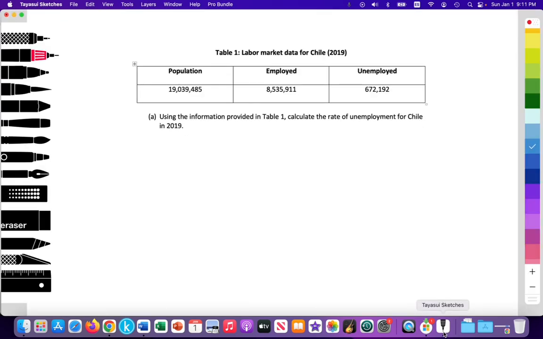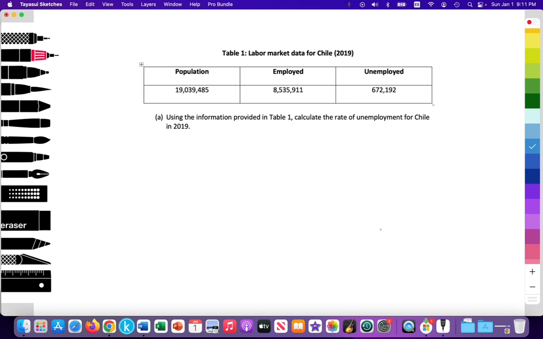On an exam, could be paper 3, perhaps on a paper 2, you might be asked to calculate the rate of unemployment for a particular country. And so here we have data for the labor market for the country of Chile in South America in the year 2019. So this is a year prior to COVID.